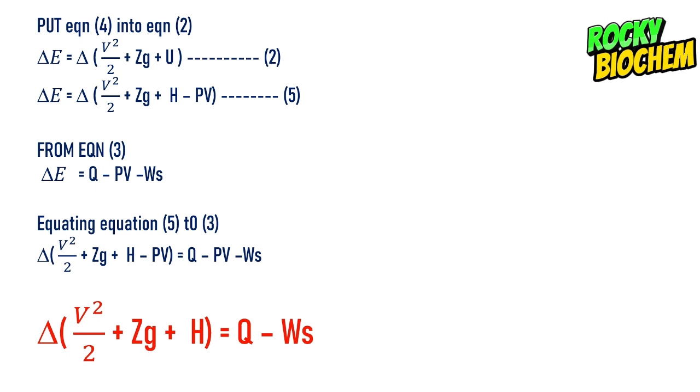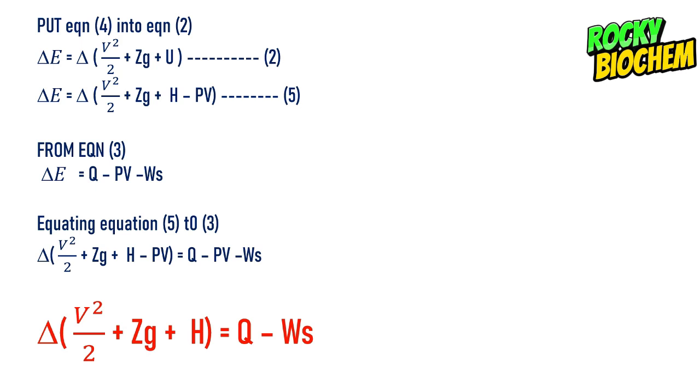We just substituted our equation 4 into the previous equation 2 that we had. So at the end, we can now confidently equate equation 3 to equation number 5, because from equation 3, we had change in E to be equal to Q minus PV minus WS. So we are just equating change in E to change in E. Equation 5 is having change in E, and then equation 3 was also having change in E. So it means that we can equate each of them to each other.